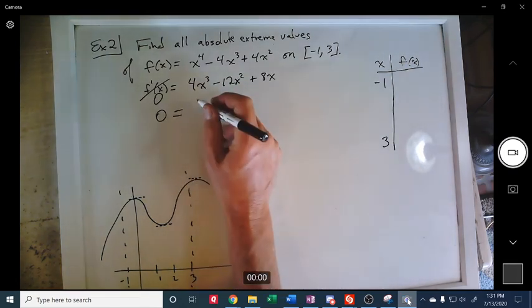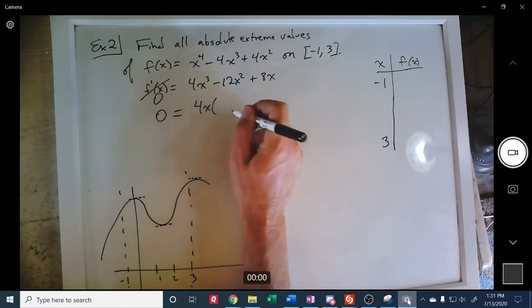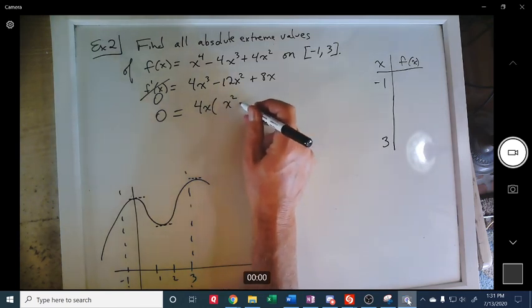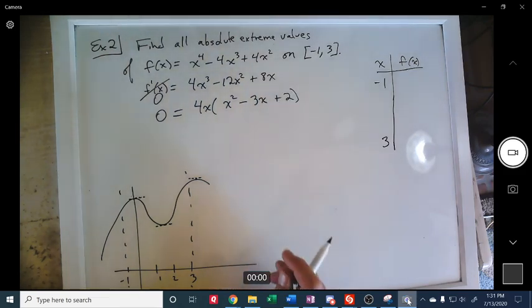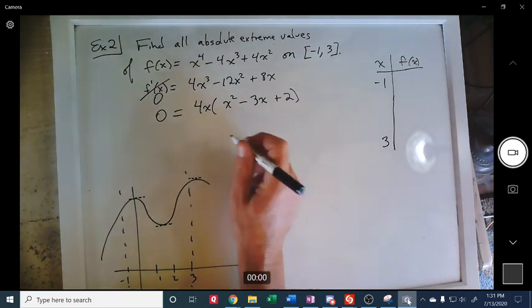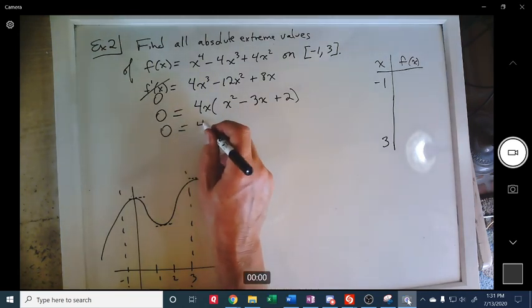There's 4x common. Factor it out. And then its further factors.